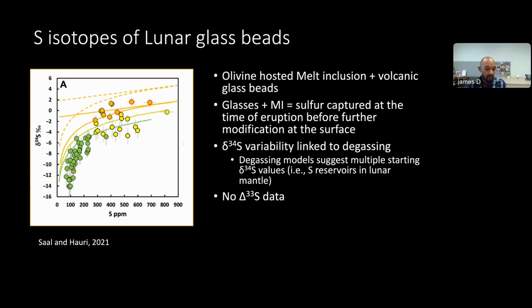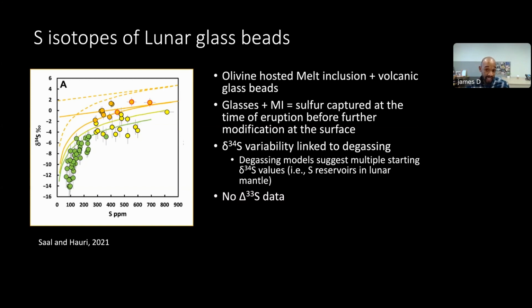And what Saul and Howery found in 2021 is that the various glass bead types, such as orange, yellow, and green, appear to have different starting compositions, which may be linked to different reservoirs of sulfur in the lunar mantle established by mantle or core formation and differentiation, also melt production.